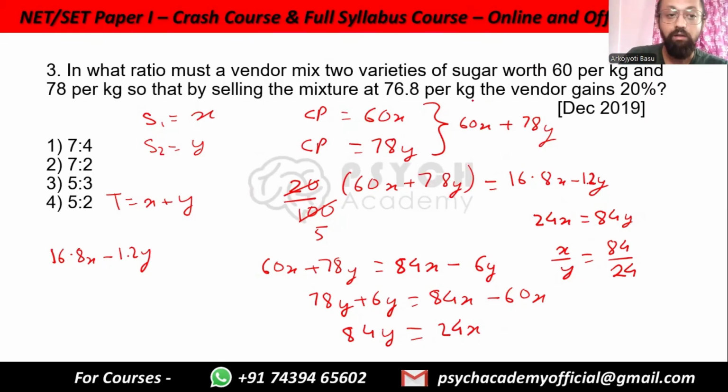They have simply asked in what ratio must a vendor mix it. So we simply found x by y. If we divide by 4 we get 21 and 6, and by 3 we get 7 and 2, so x by y is equal to 7 by 2. That is 7:2, option 2.